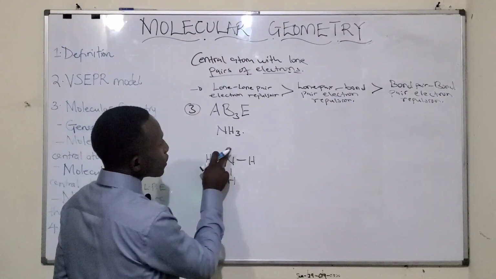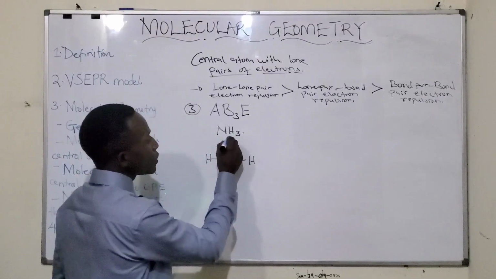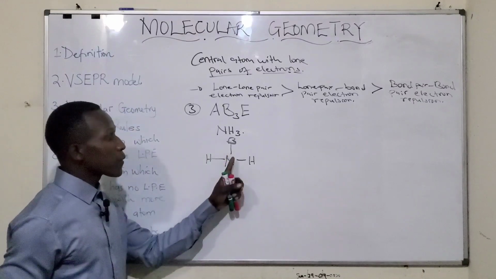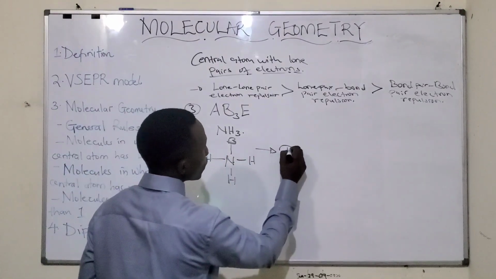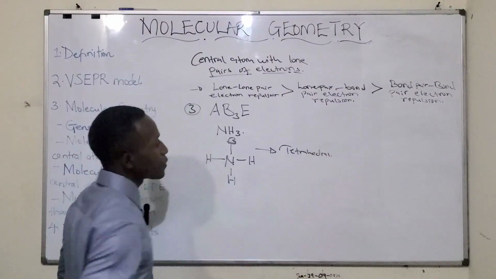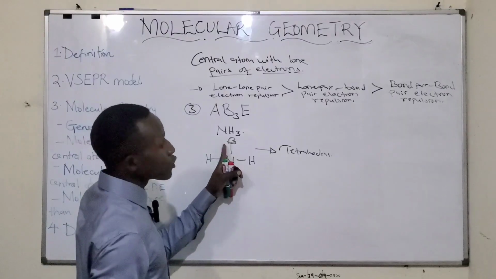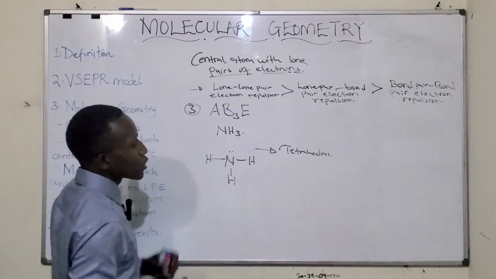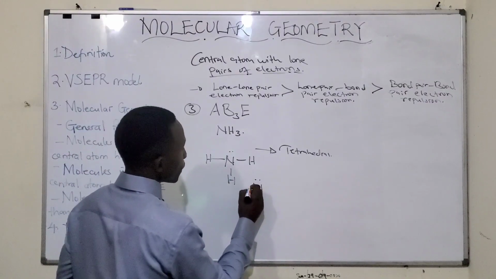So now take this lone pair to be a bond. If an atom is attached to 4 other atoms, we expect the structure to be tetrahedral. But now, this is not a bond, but they are lone pairs. So it will change.